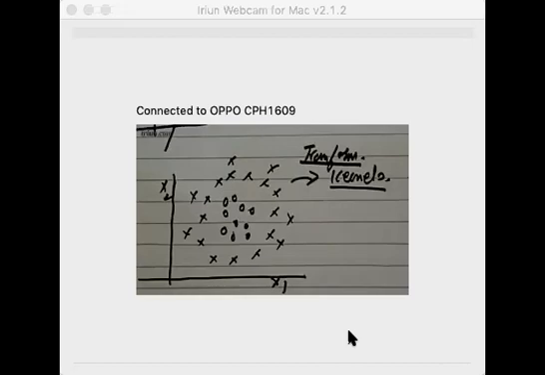Kernel trick की हम बात नहीं करेंगे, a type of transformation that could easily be done.